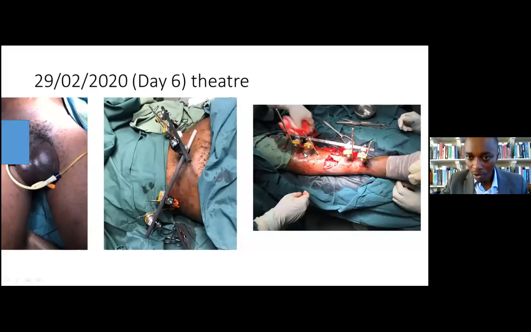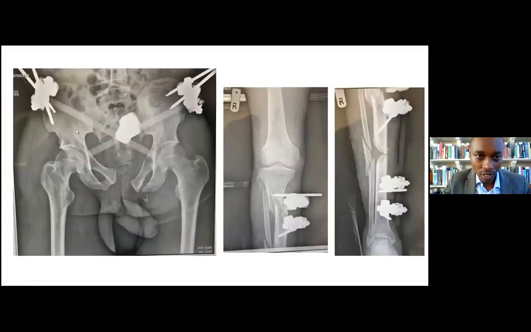We applied a monoplanar X-fix, which is not the ideal one. There was a shortage of hardware. All right, so that's the post X-fix application X-ray. You can see that the symphysial diastasis has been reduced, albeit not perfectly. You can see there's a displaced superior ramus fracture.